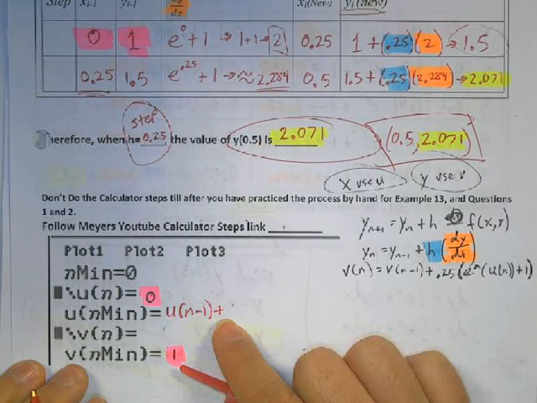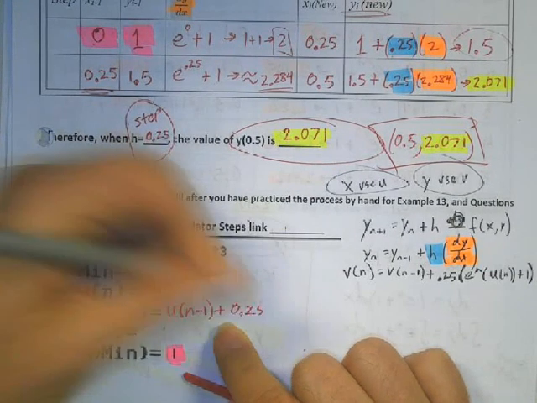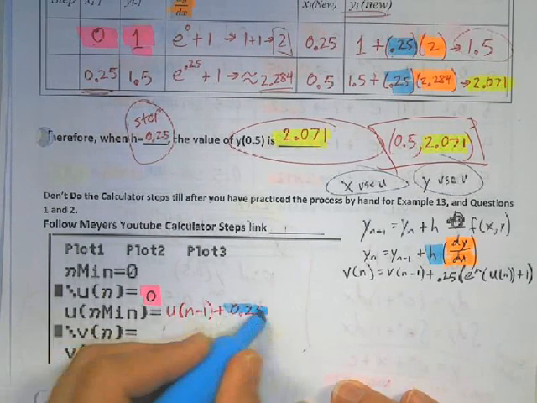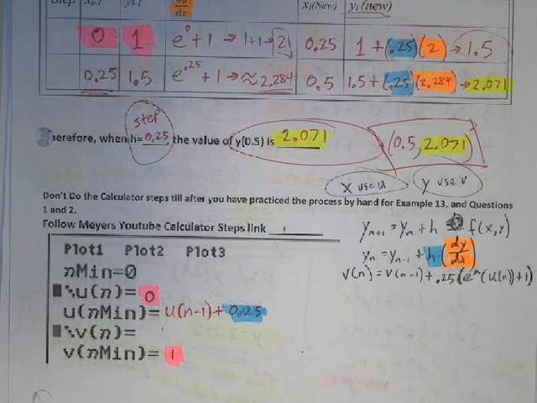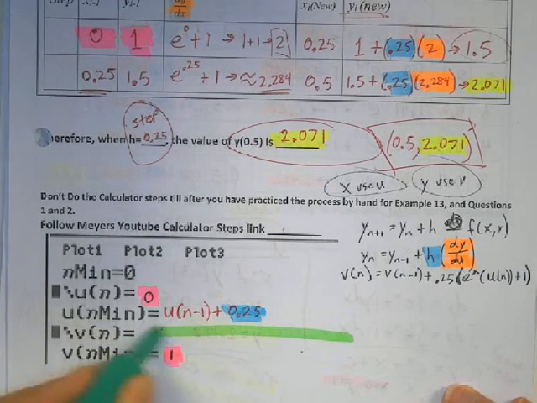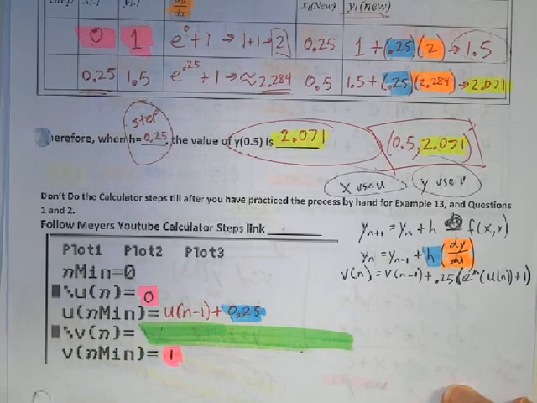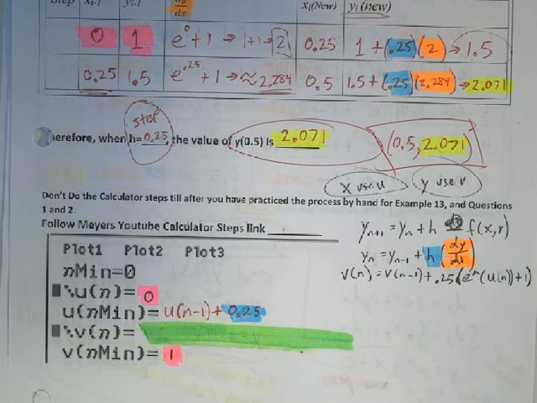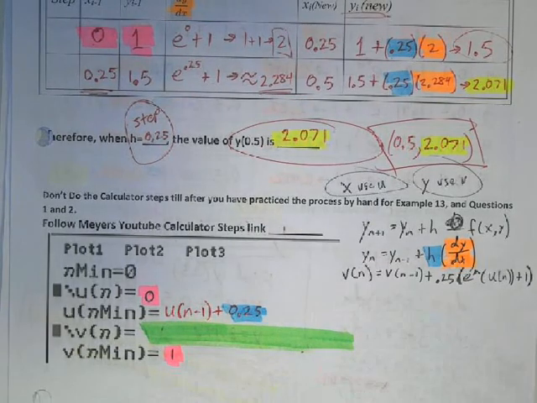Our step is 0.25. This line right here is the only one that we really have to worry about. The other line is always going to be 0, so make sure you've left that as 0, as Ms. Castro said.